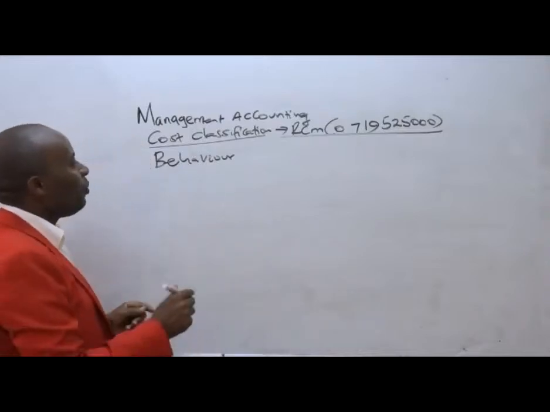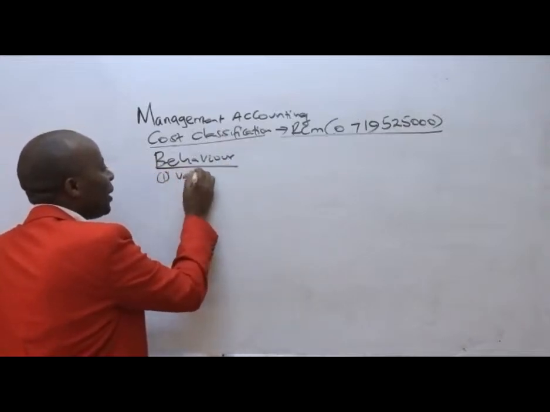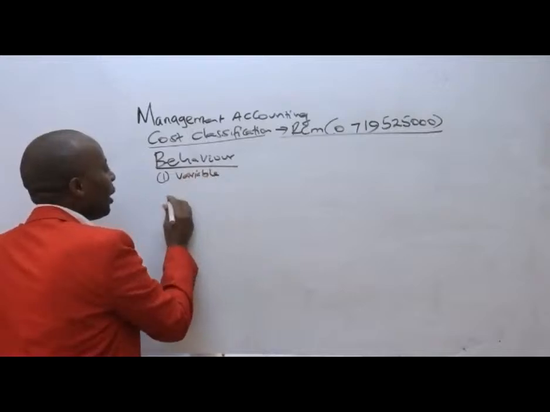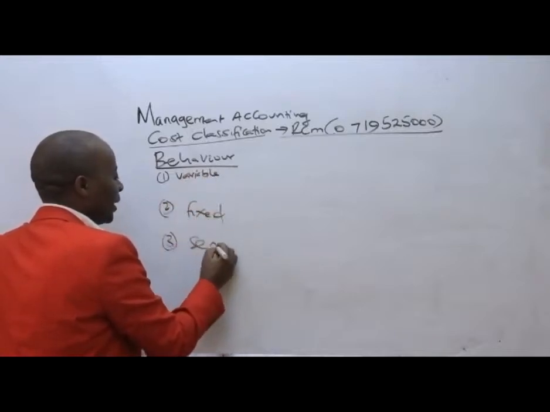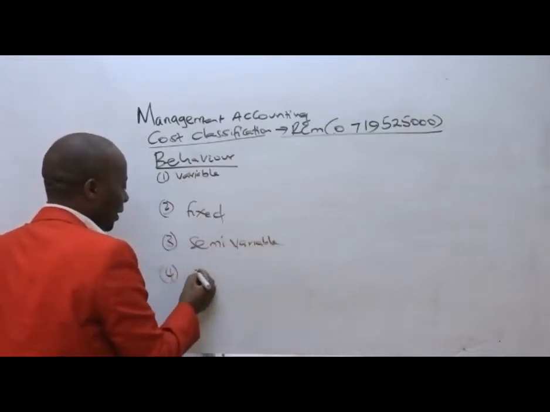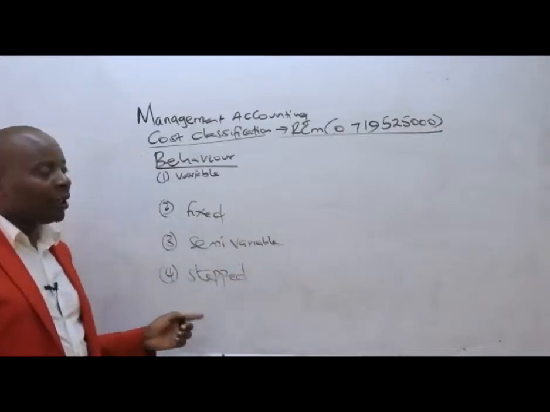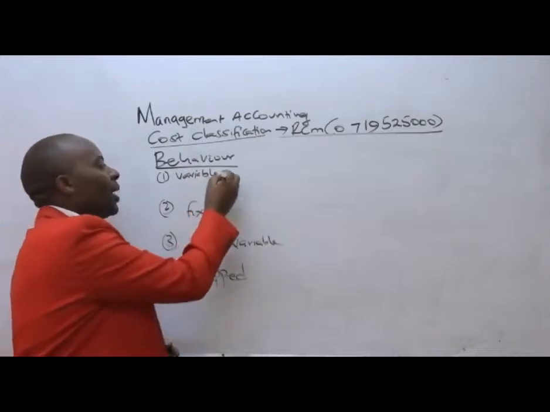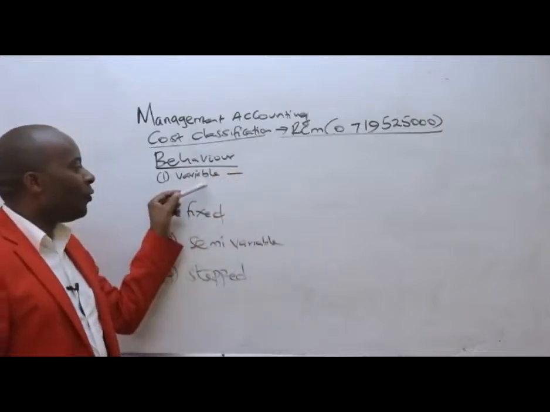So in terms of behavioral classification, ladies and gentlemen, we have costs that are variable. We have costs that are permanently fixed. We have costs that are semi-variable. We have costs that move forward in form of steps, what we call the stepped fixed cost. Ladies and gentlemen, variable costs, I would want you to appreciate from the word vary.